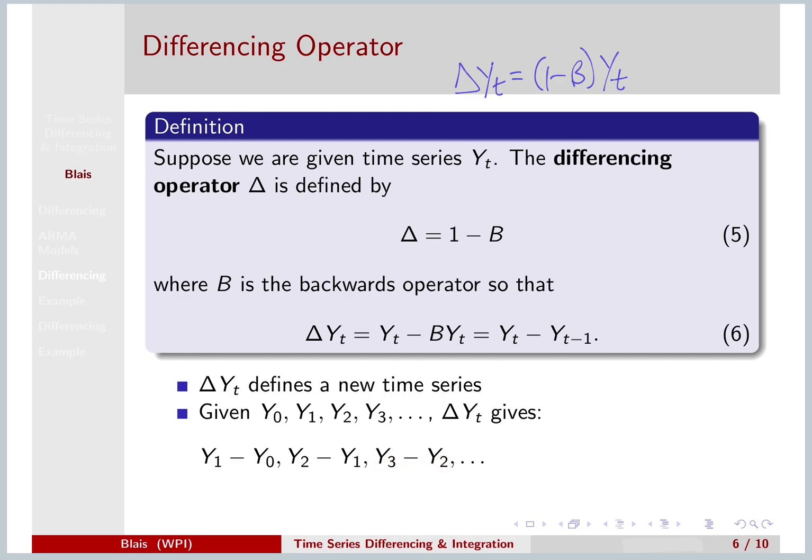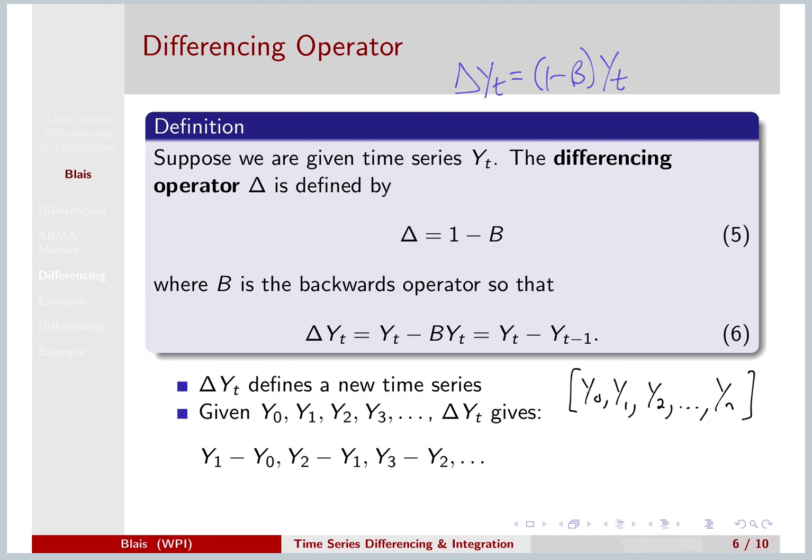And it's important to note that when you take a time series, say you have your time series data, y0, y1, up to yn, this data has n plus 1 points, right? We're starting the numbering at 0 and going to n.